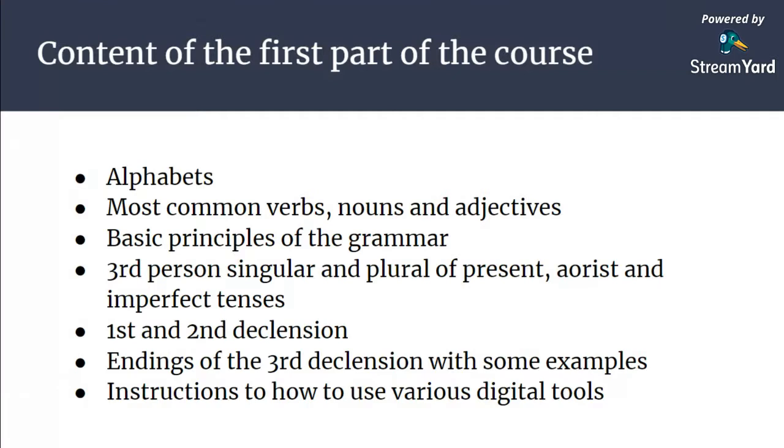So by learning only the third person at the beginning, the students could understand the inflections of about 60% of the verbs. After the verbs, we went on to the first and second declension, and we learned the endings for third declension with about 2 or 3 examples from different nouns.